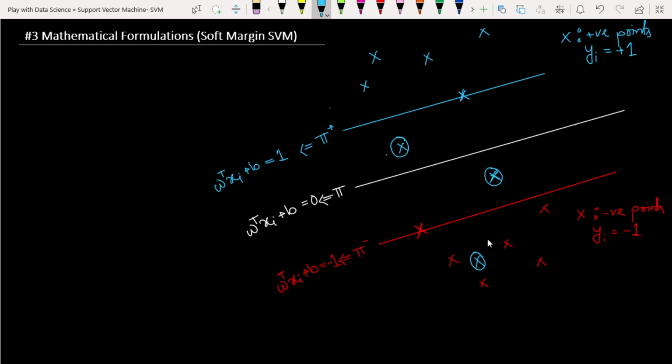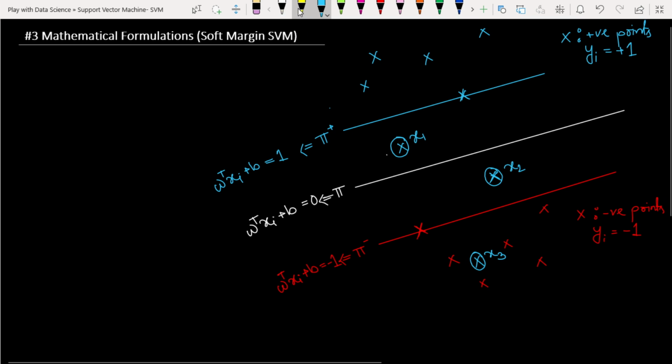I am renaming these three as x1, x2 and x3. x1 is the first misclassified point, x2 is the second, and x3 is the third, and all the points are positive. Now let's take the situations one by one.